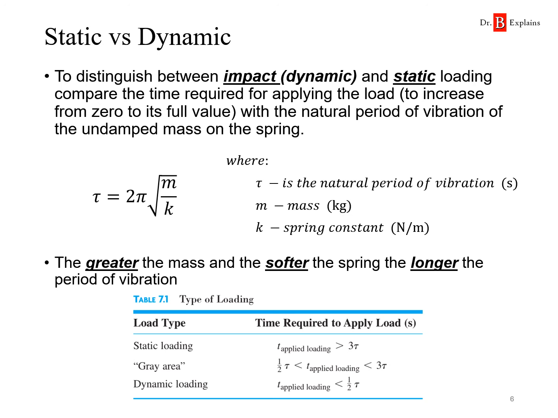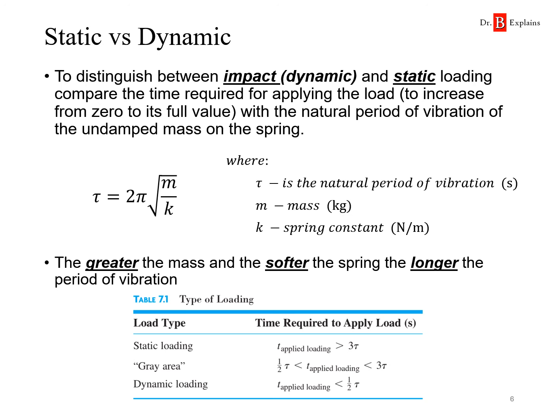And so what happens if it's in between? Well, this is a quote-unquote gray area. This is when the time to apply the full loading is between half a tau and 3 tau.